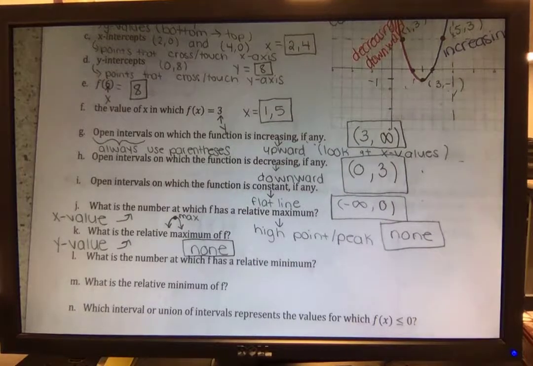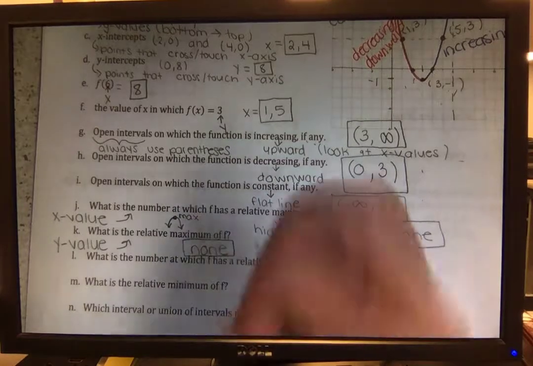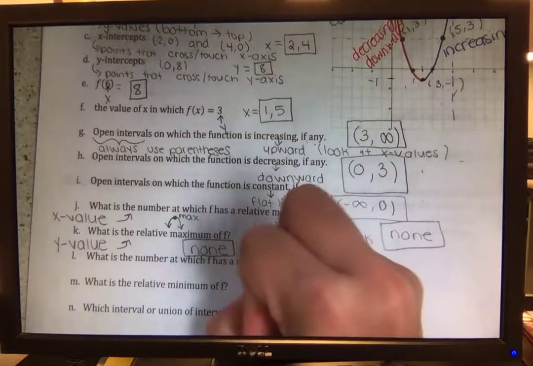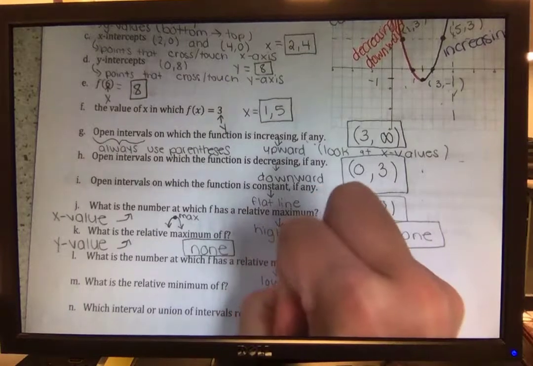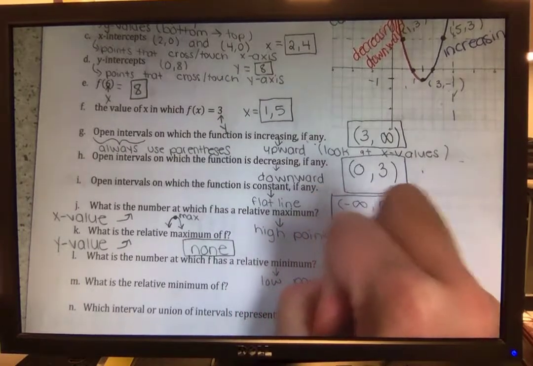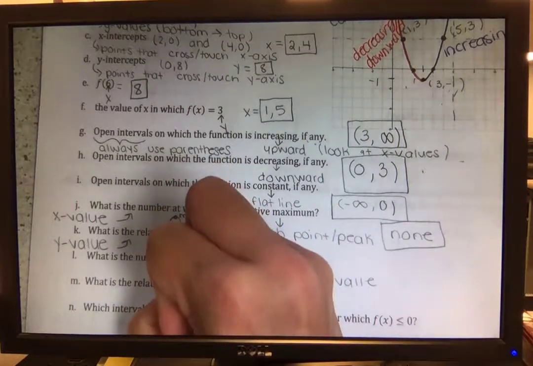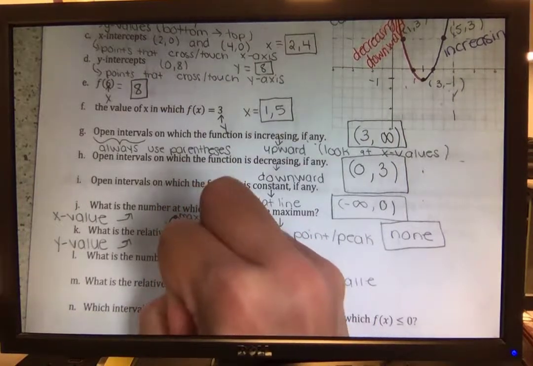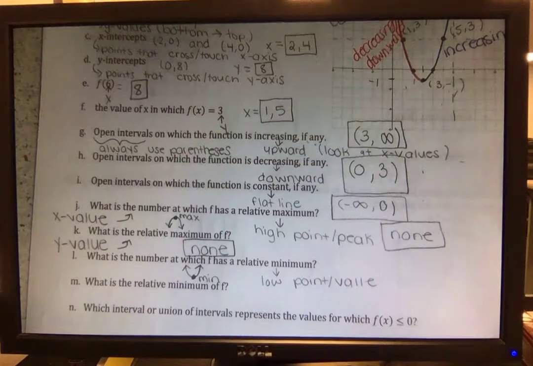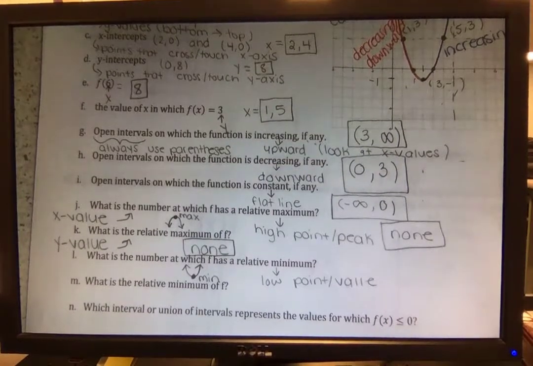With that being said, example L, what is the number at which f has a relative minimum? So a minimum is a low point or a valley. So for example, if we had a graph that looked like this, the lowest point down here would be our minimum. This is saying, what is the number at which f has a relative minimum? So where is it at?